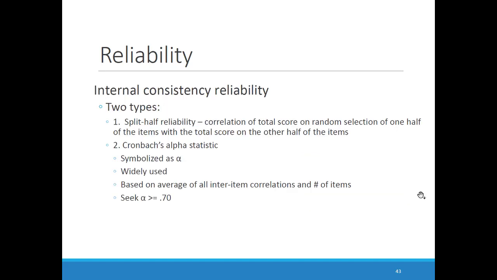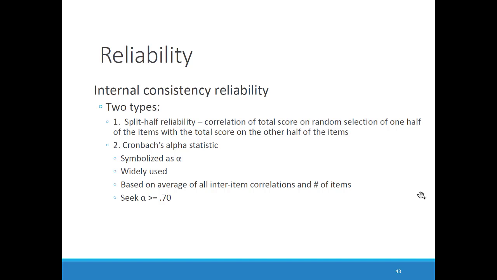There are 2 ways that you can calculate internal consistency reliability. One is split half reliability, and this is when you correlate the total score on a random selection of half of the items with the total score on the other half of the items. This is less common. Then you have Cronbach's alpha statistic, which is very common in IO psychology.